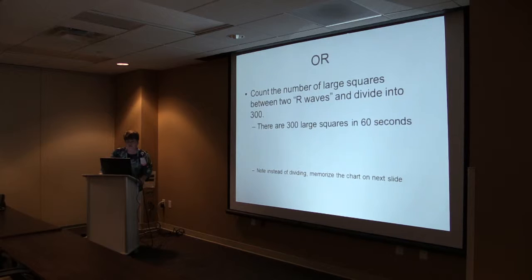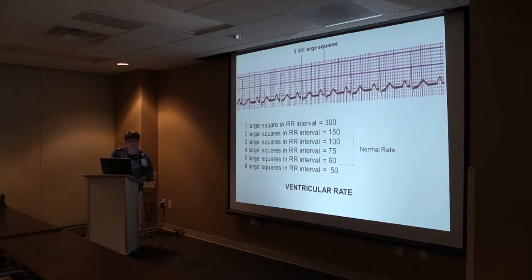Remember that there are 300 large squares in 60 seconds. So instead of memorizing and dividing into 300, just put this kind of equation to memory. 1 large square between an RR interval, the rate is 300. Okay, 1 into 300 is 300. 2 large squares in an RR interval is 150. 3 is 100, 4 is 75, 5 is 60, 6 is 50.